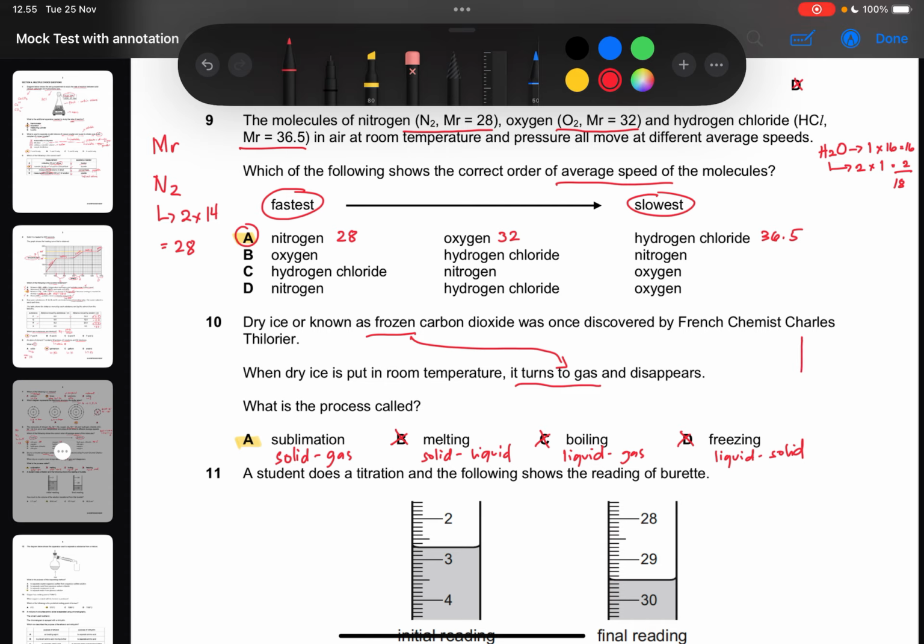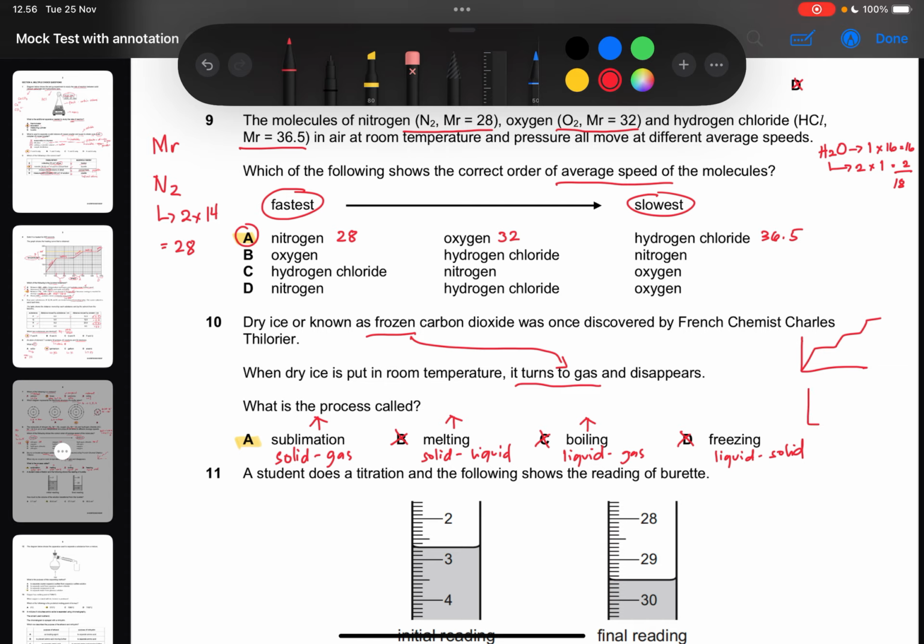So remember, when we have the heating curve, as we go up, it's gaining energy. So the processes that are involved in gaining energy are sublimation, melting, and boiling.